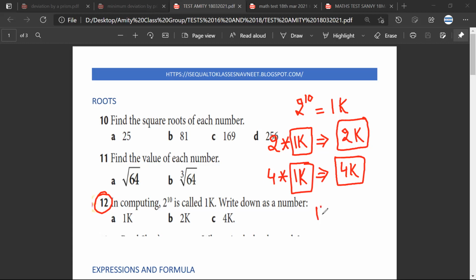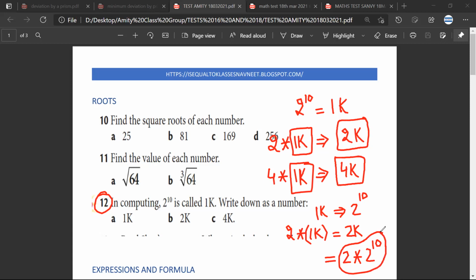So let us look at this again. If 1k is equal to 2 raised to power 10, then 2 into 1k would be 2k, and this would be equal to 2 into 2 raised to power 10. Am I correct or not? Yes sir.